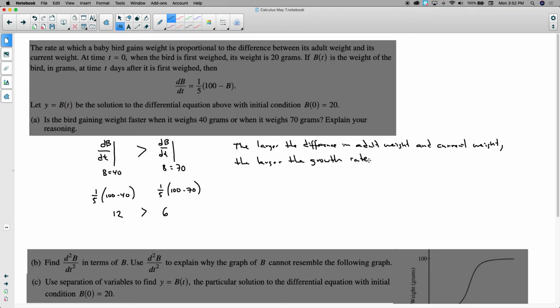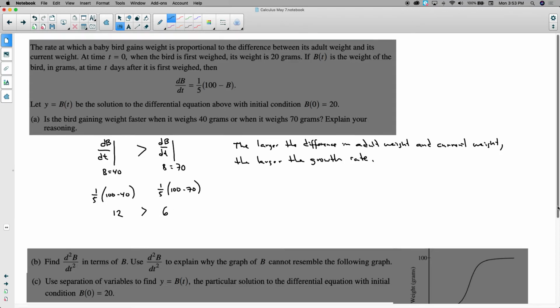I think I can get away with that. So this one with 40 has a larger difference than over here, so this growth rate is going to be larger than that one. Okay, fine. A is done.